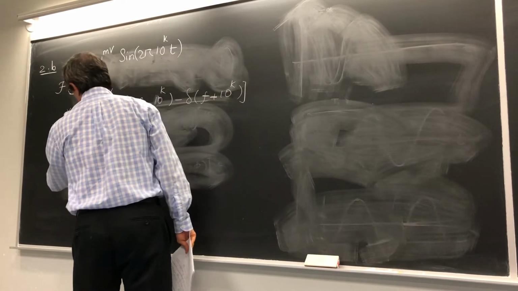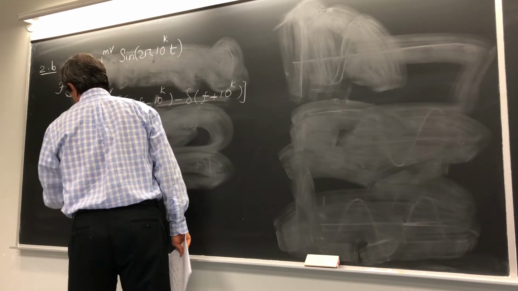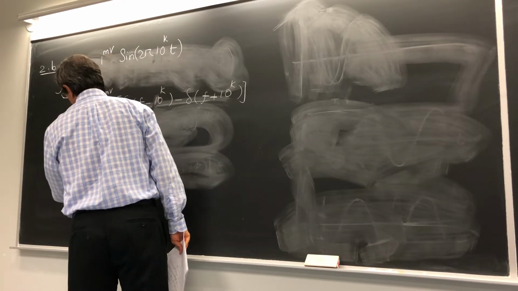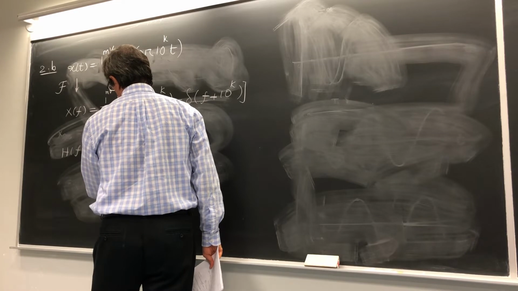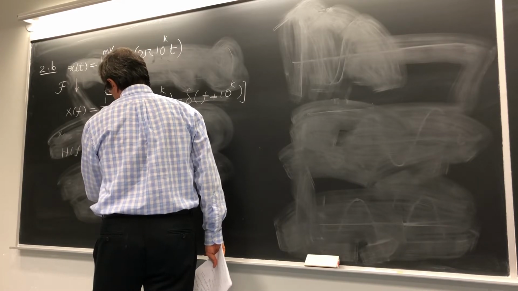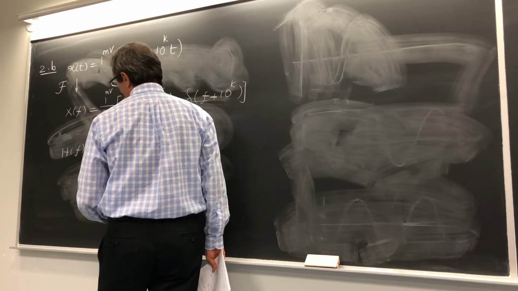We've got h of f, which is 1 over 1 plus jf over 10k.